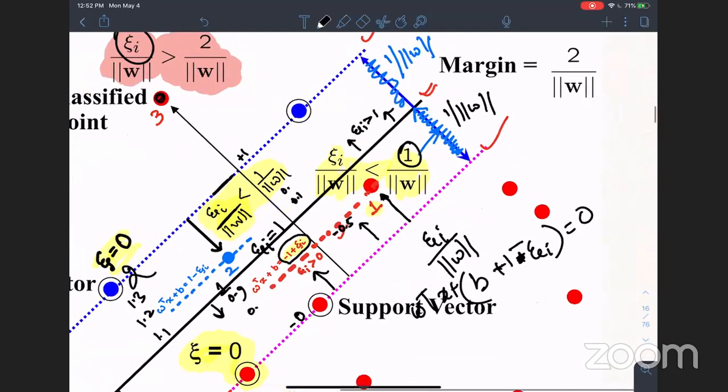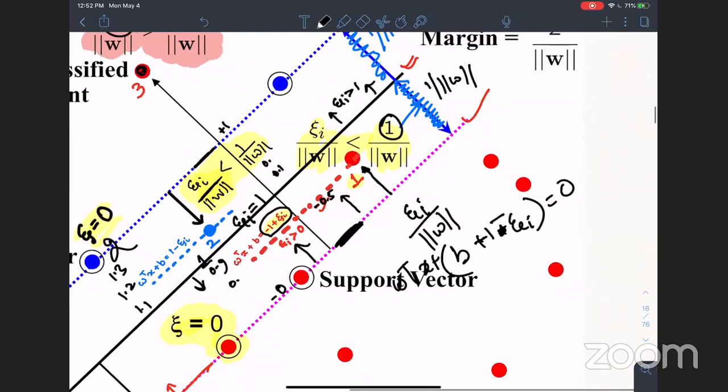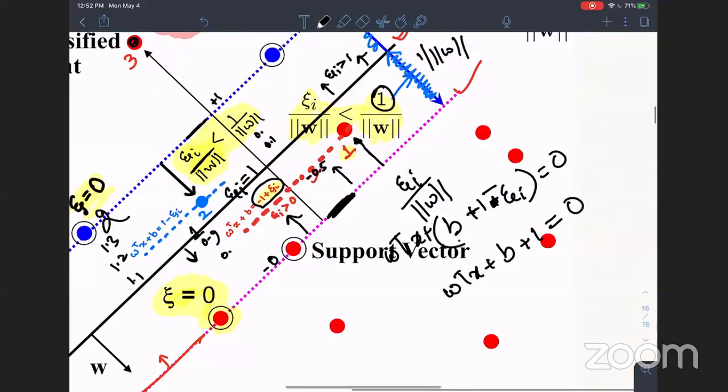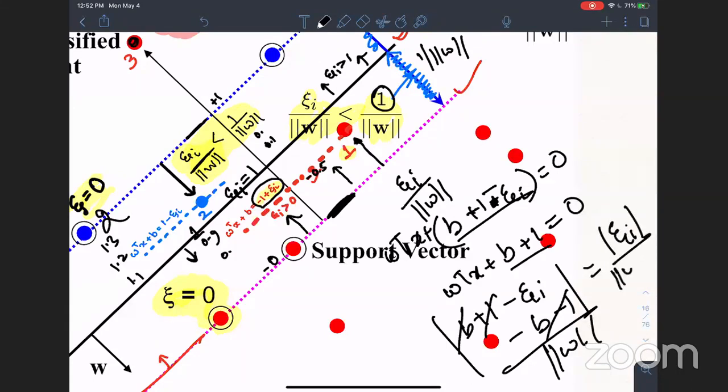Now when you subtract it from this line, what is this line? W transpose X plus B plus 1 equal to 0. Now what is the distance between these 2 points? You're going to subtract the constant terms: B plus 1 minus eta i minus B minus 1. These cancel. Magnitude divided by norm of W, which is eta i by norm of W.